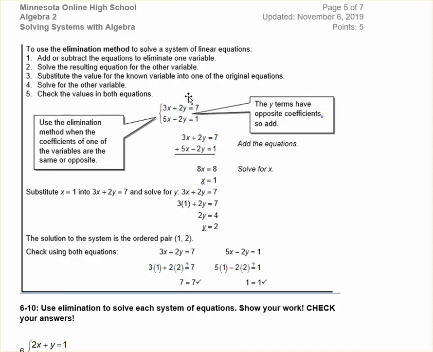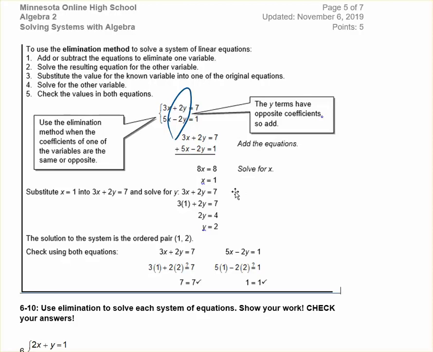We have a plus 2y on the top, and a minus 2y on the bottom. So what happens when I add these two equations together is 2y minus 2y is 0. They cancel each other out. So that's what we want for elimination.